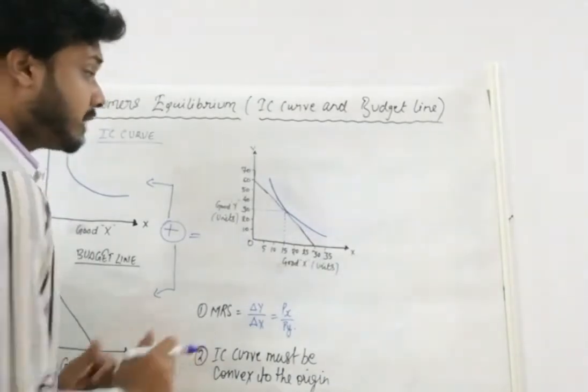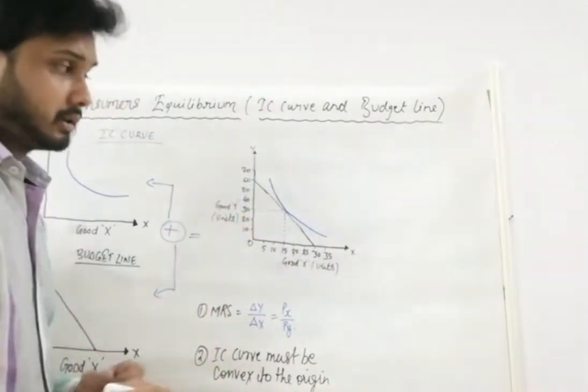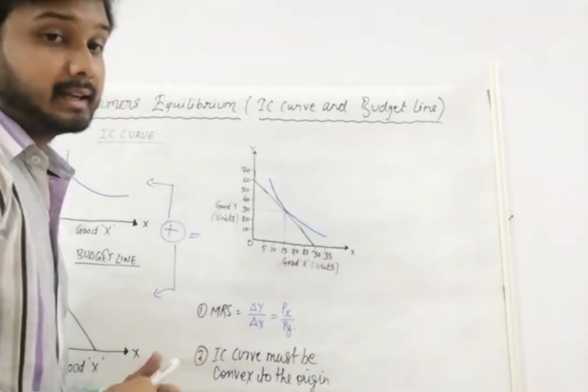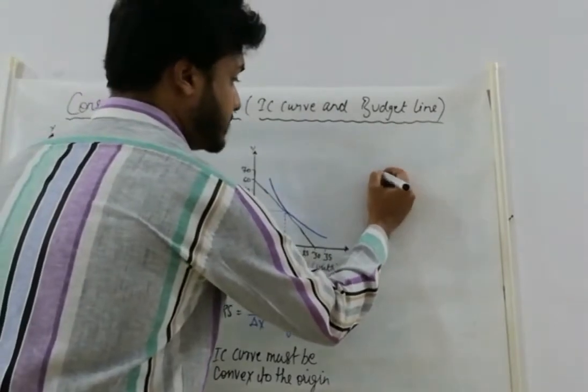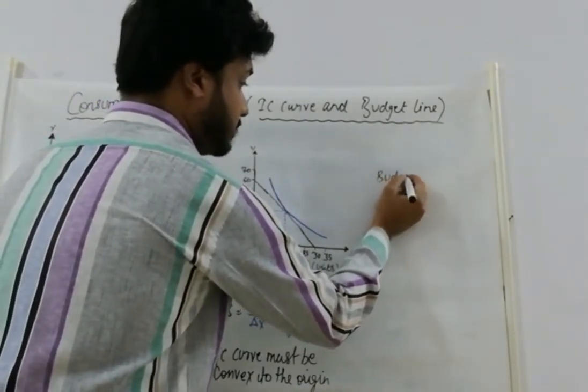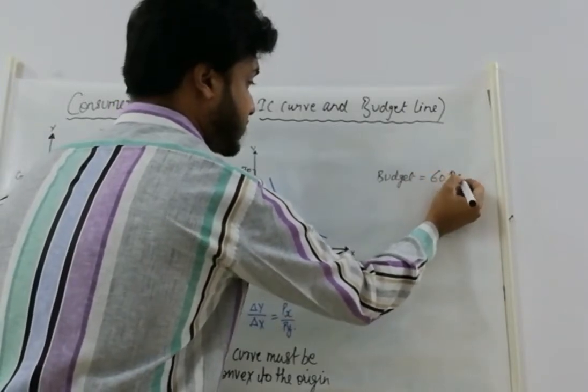For example, before that, let us assume some points. Our budget, the money that we are having, is 60 rupees.